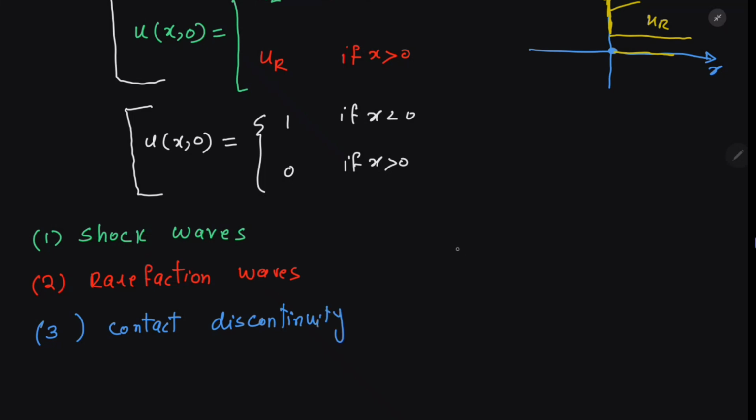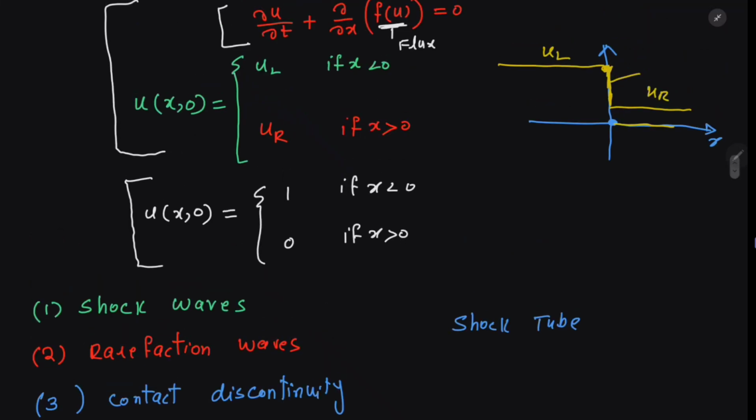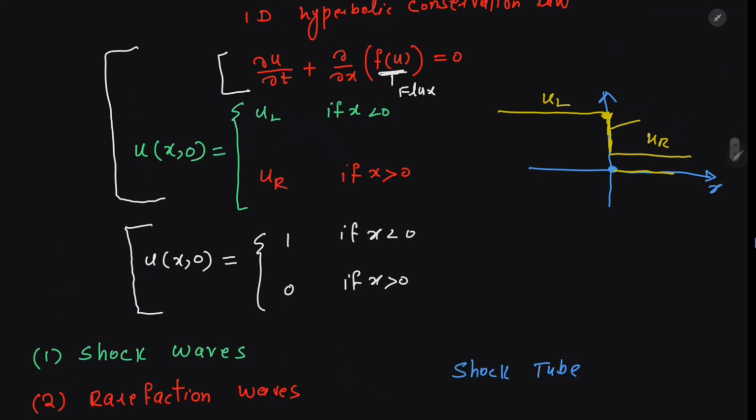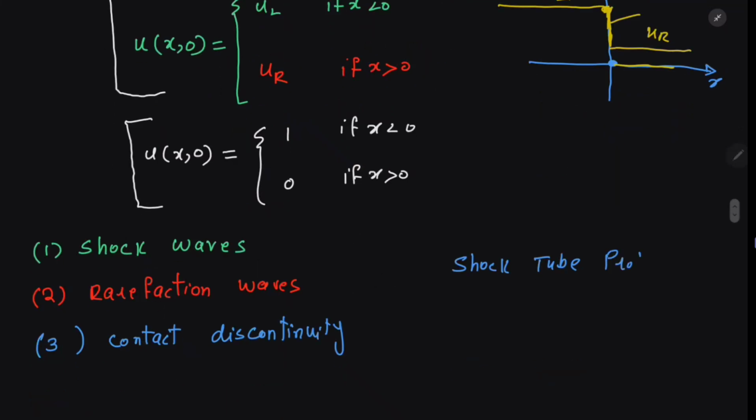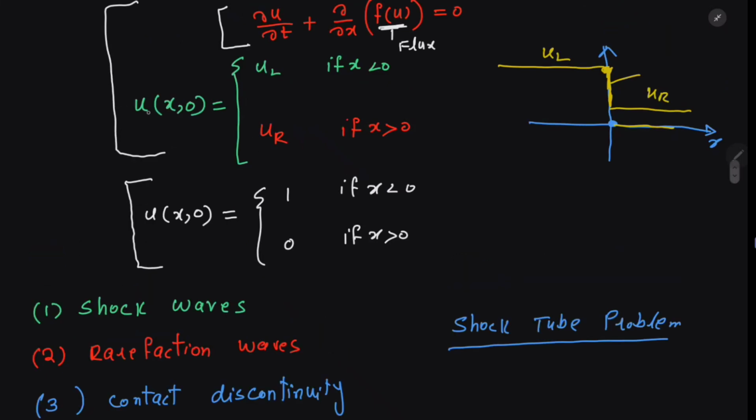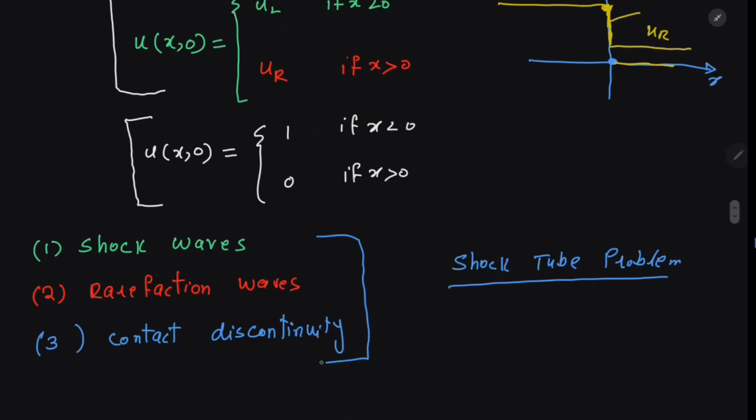For example, if we have a shock tube problem, maybe we'll talk about that in the future. This is just an introduction to the Riemann problem. We are not solving this problem in detail. We'll do that in the future. In the shock tube problem, when we have, for example, this u as a density or some pressure or something like that, then we have all these three discontinuities.